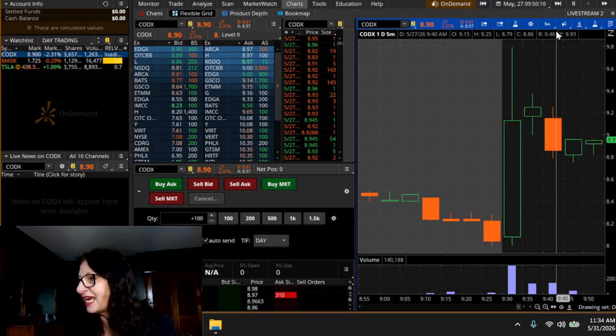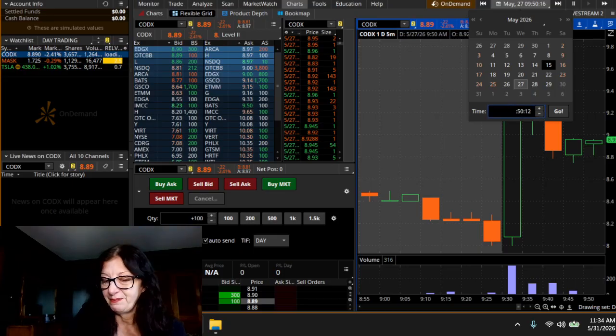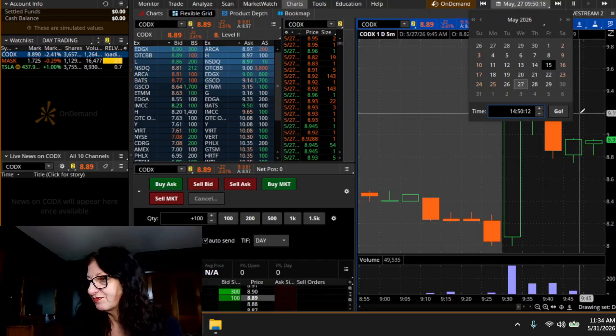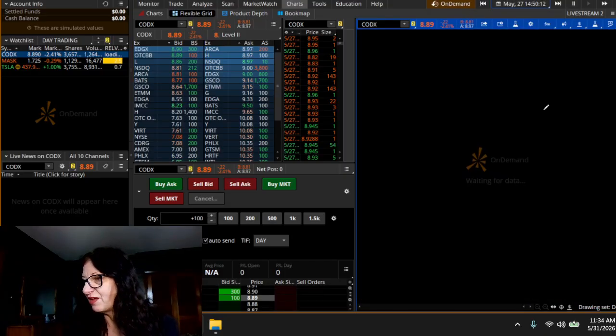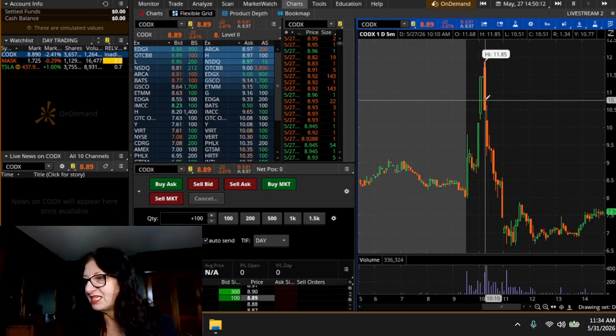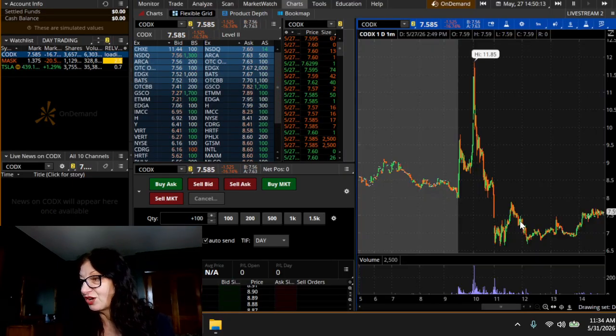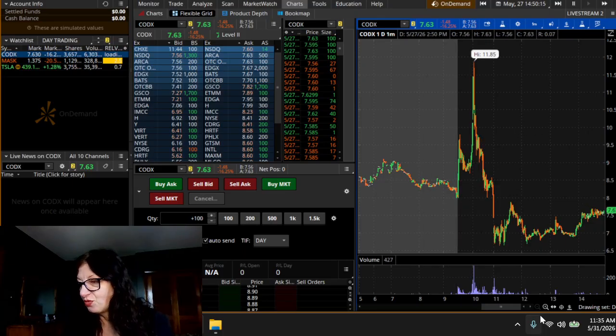If we look later in the day, let's hop forward to later on that day. You can see here that now there's a trend. This is on the 5 minute chart, but on the 1 minute chart, look at how much more is happening.